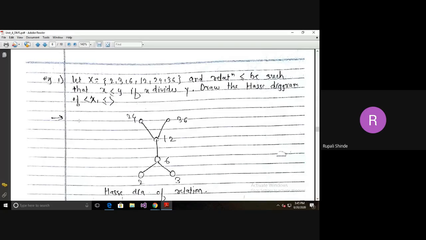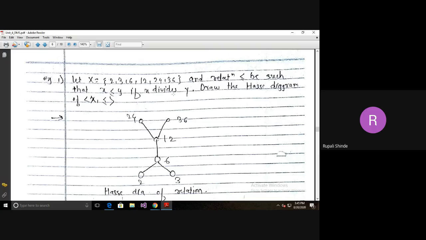Okay. So consider a set X given, which consists of all these elements. Then the relation is a partially ordered relation such that x is less than or equal to y if x divides y, or we can say that x is partially ordered related to y if x divides y.